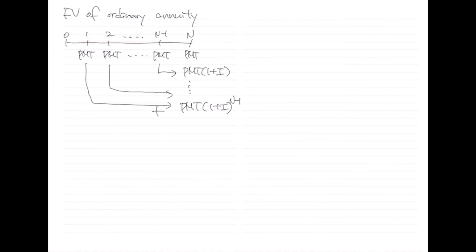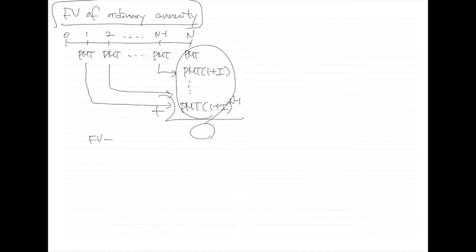And then sum of these all the terms, you get future value of ordinary annuity, right? And write down this equation: FV equals PMT plus PMT times 1 plus I, plus PMT times 1 plus I squared, up to PMT times 1 plus I to the n minus 1, right?